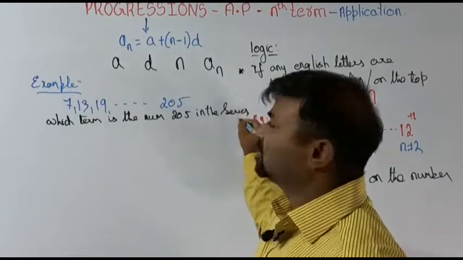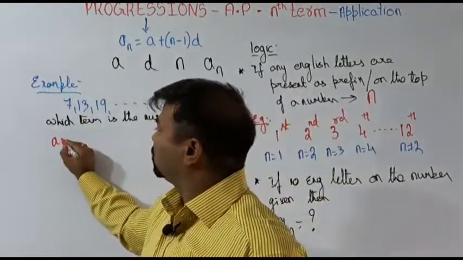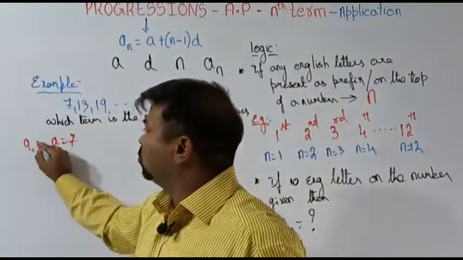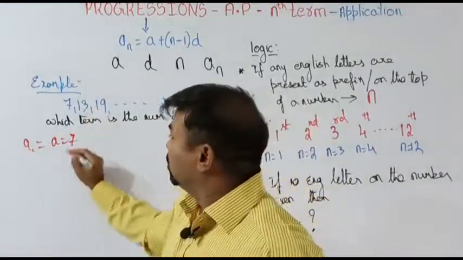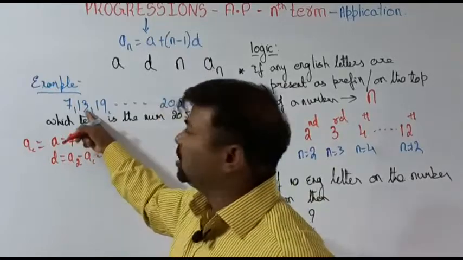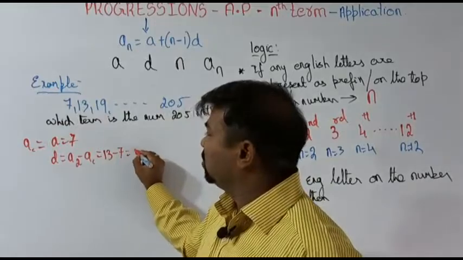Straight away we can figure it out. The first term is 7, so a1 equals a equals 7. d equals a2 minus a1, which is 13 minus 7 equals 6.